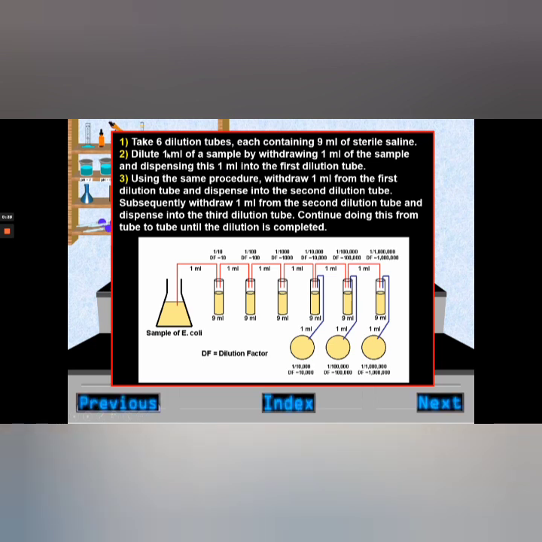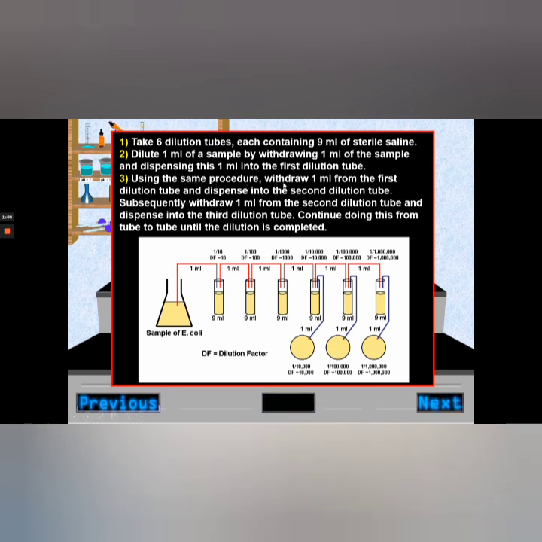First we will take about 6 dilution tubes. Each will contain 9 ml of sterile saline, and we will dilute 1 ml of the sample by withdrawing 1 ml of the sample and dispensing it into the first dilution tube.